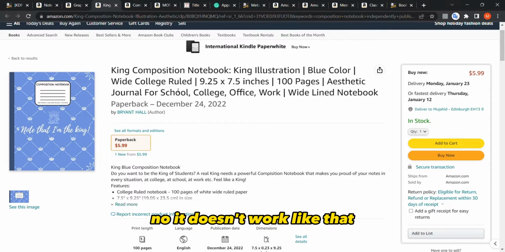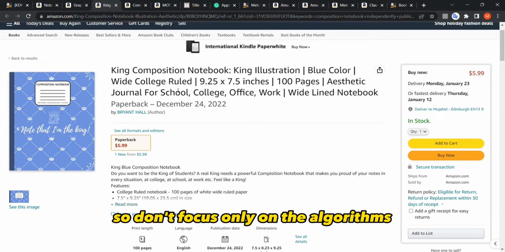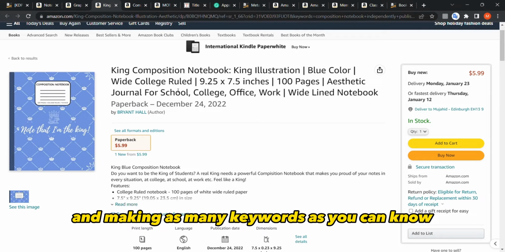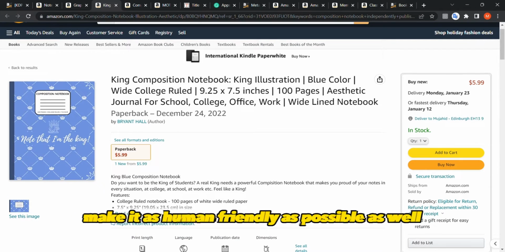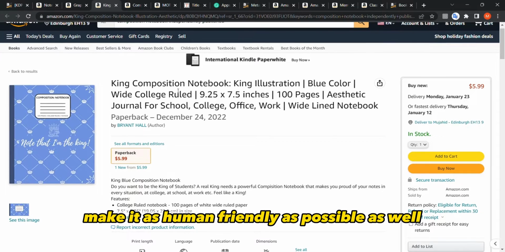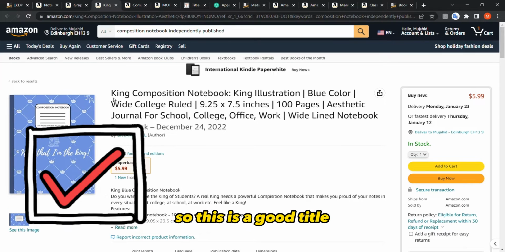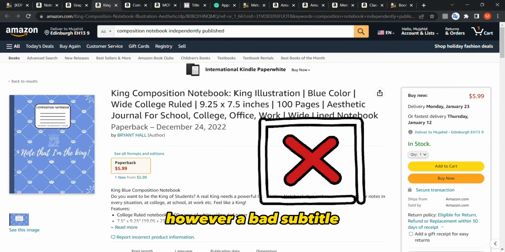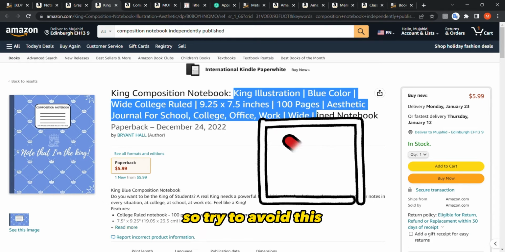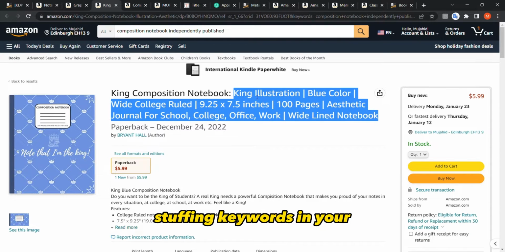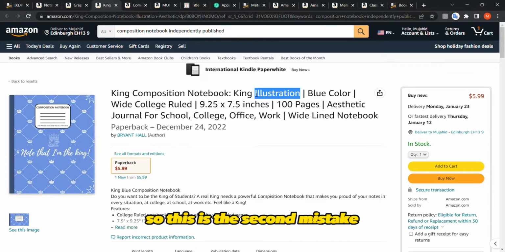No, it doesn't work like that. So don't focus only on the algorithms and making as many keywords as you can. No, make it as human friendly as possible as well. So this is a good title, however, a bad subtitle. So try to avoid this stuffing of keywords in your title and subtitle. So this is the second mistake.